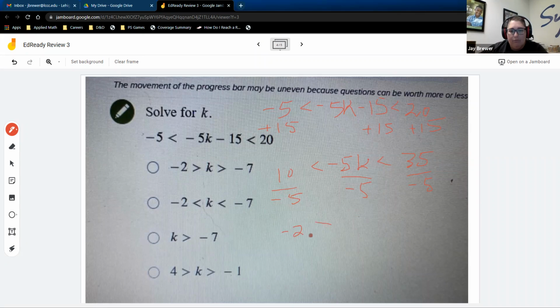We are going to flip that sign. Negative 5k divided by negative 5 will leave us with just a k. And then 35 divided by negative 5 will leave us with a negative 7. But again, the sign must be flipped. We'll write it like that so you can see the difference. So this is the actual answer. So you want option 1 here.